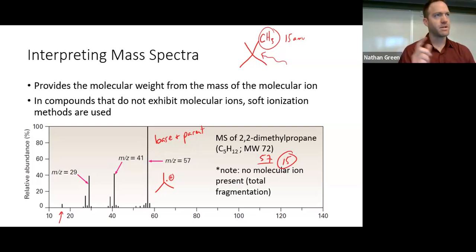It lost a carbon and 3 hydrogens when it got hit by my beam. We're seeing the fragments, not the full molecule. Does that make sense? Ish. You can do this for all the peaks in here, but I think identifying a couple is not a bad idea.